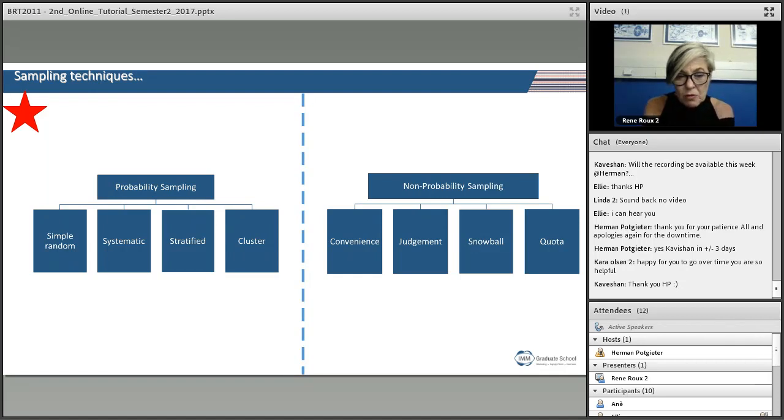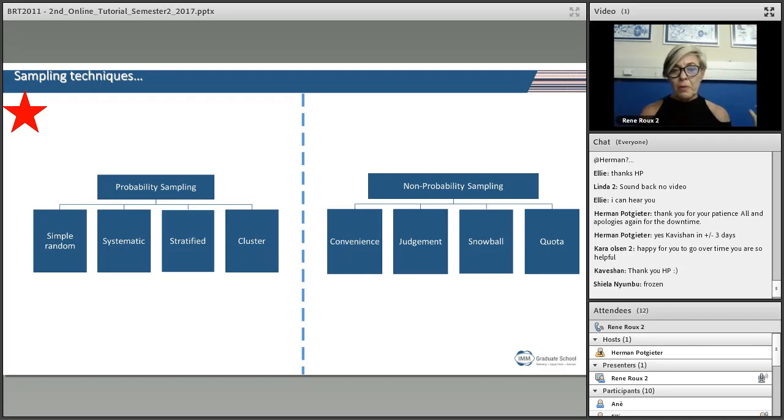So you stratified it already up front. So you want to interview a random sample of females and a random sample of males. Or you want to interview a random sample of single people, a random sample of married people with children, a random sample of married people without children, and a random sample of widowers. So up front you stratified it already.